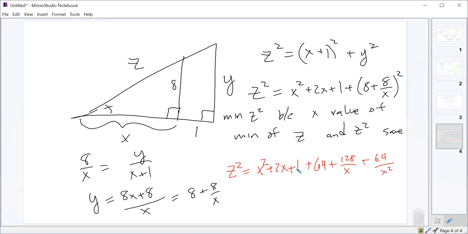The 64 and the 1 can be combined together, but it doesn't really matter because when we take the derivative, we're just going to say Z squared prime. The derivative of that ought to be 2X plus 2, minus 128 over X squared, and minus 128 over X cubed. Everybody good with that so far?